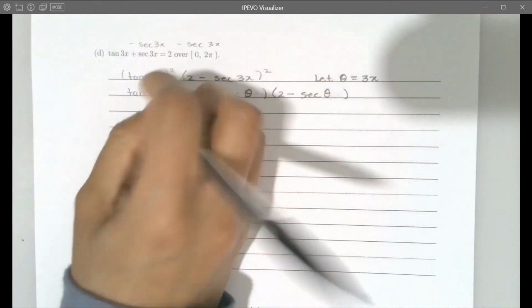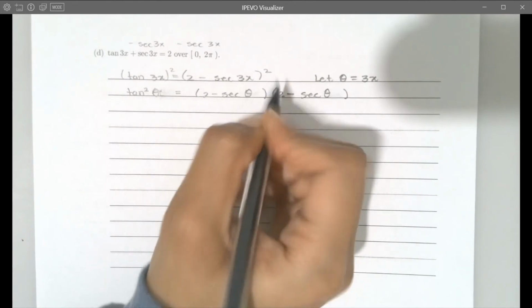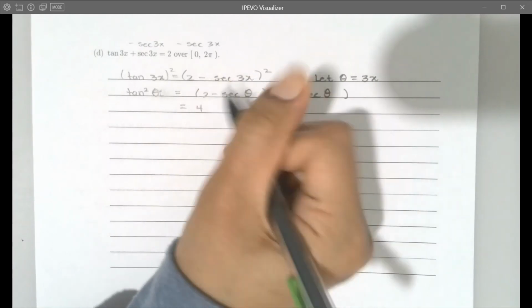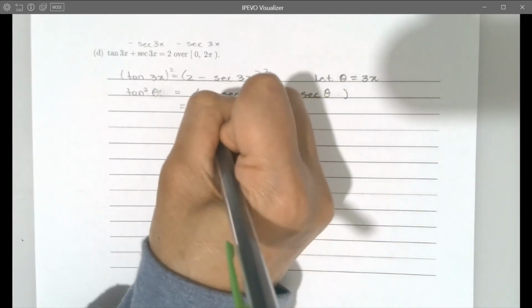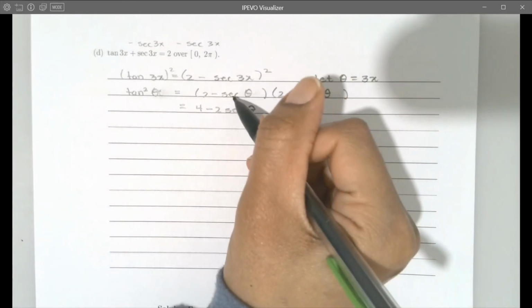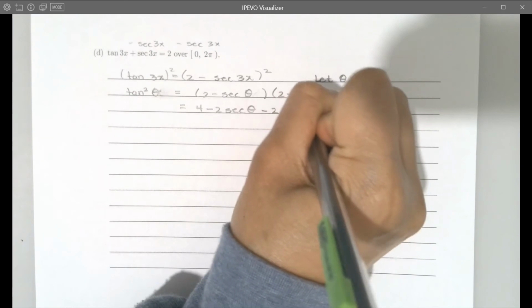Okay, so tan squared theta is equal to the product of those two binomials we're going to have to distribute. That means that this becomes 2 times 2, which is 4. 2 times a negative secant theta, so that's minus 2 secant theta. Same thing here, minus secant theta times 2, so that's minus 2 secant theta.